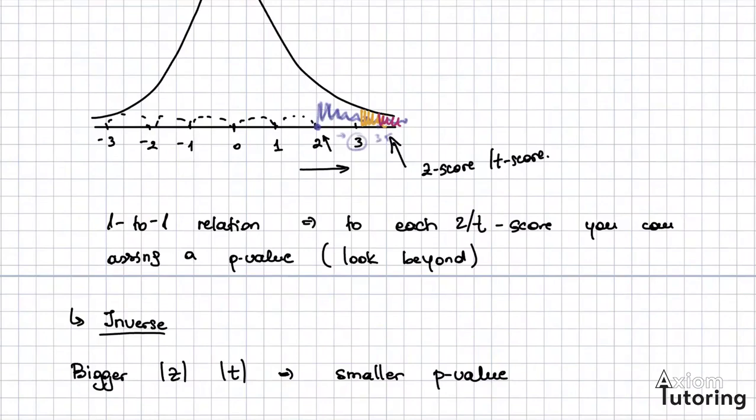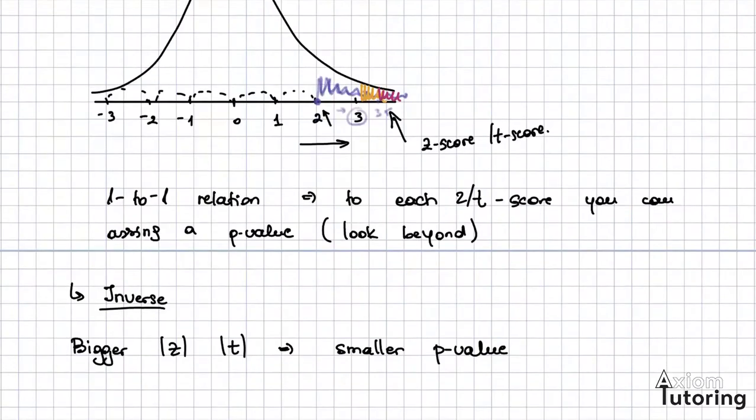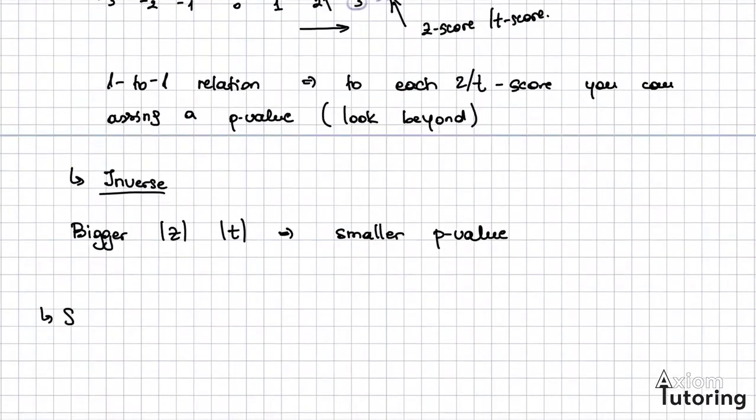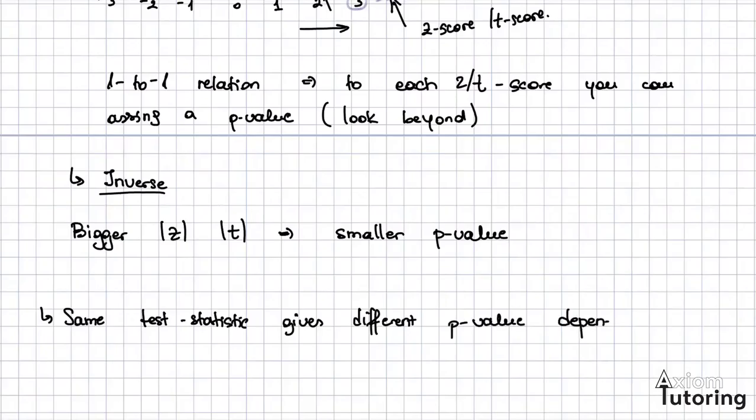That's why the same test statistic, keep in mind, can give different p-values depending on the null, one-tailed or two-tailed.